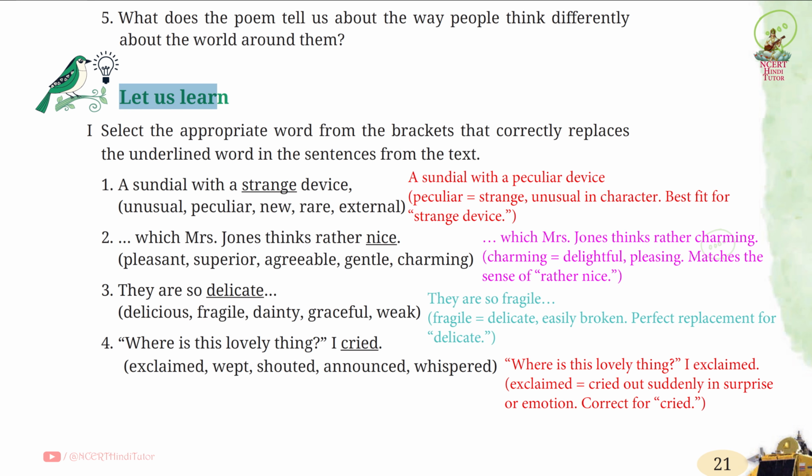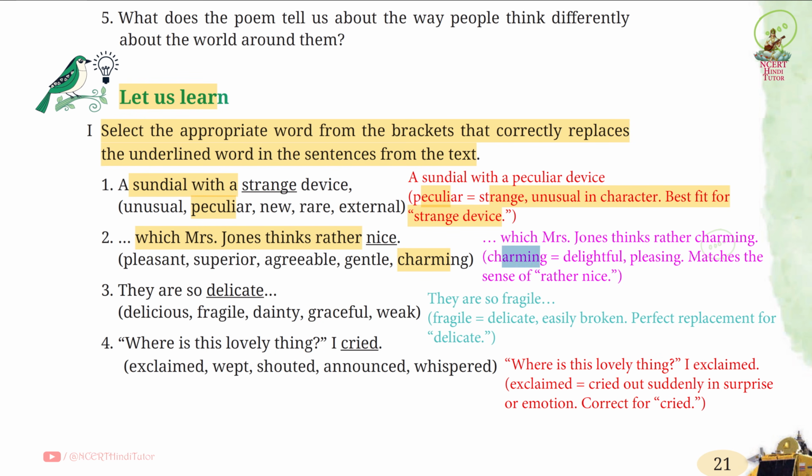Let us learn. First, select the appropriate word from the brackets that correctly replaces the underlined word in the sentences from the text. A sundial with a peculiar device. Peculiar means strange, unusual in character, best fit for strange device. Second, which Mrs. Jones thinks rather charming.